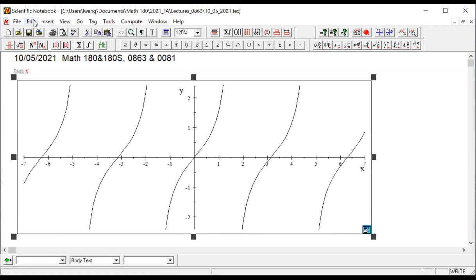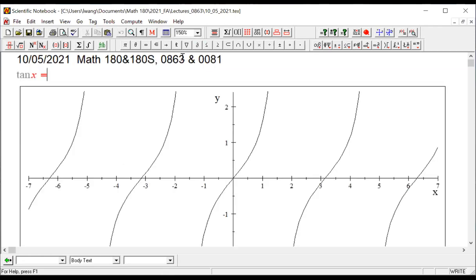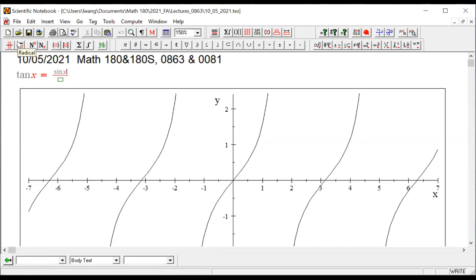It's odd, right? Yep, it is odd. Actually, to determine the even or odd property of tangent, it's much easier to work with the definition, because tangent equals sine over cosine.